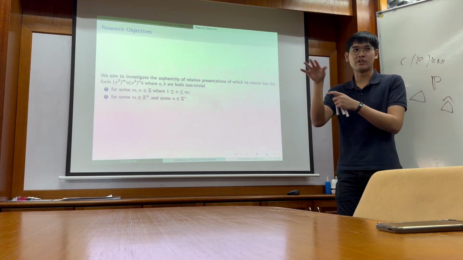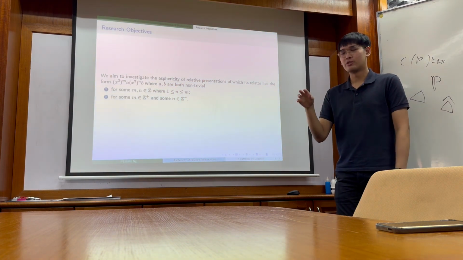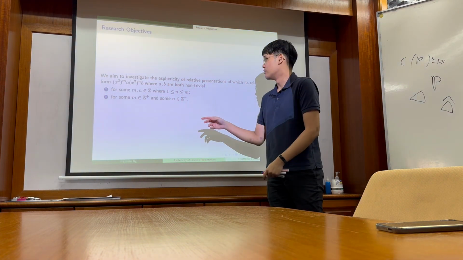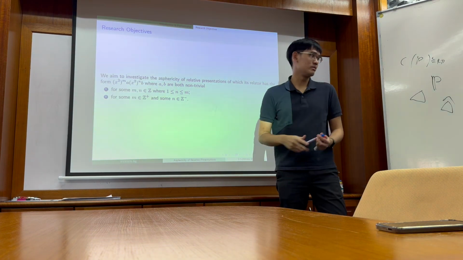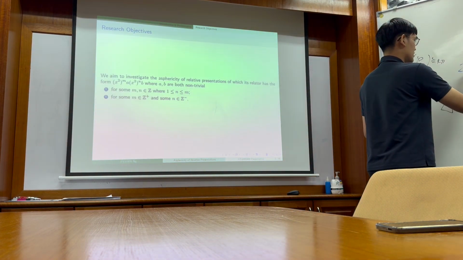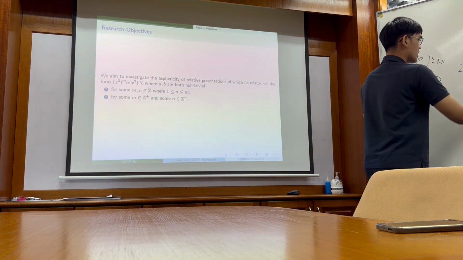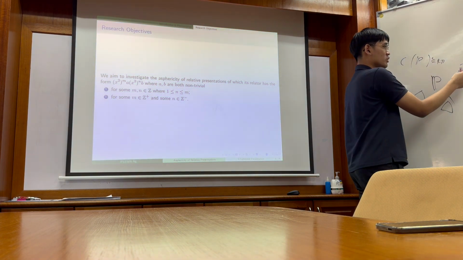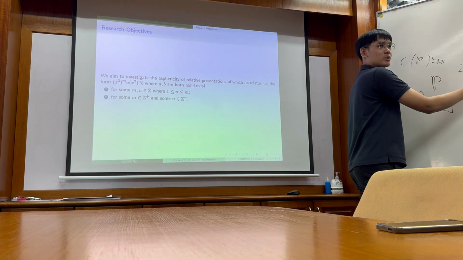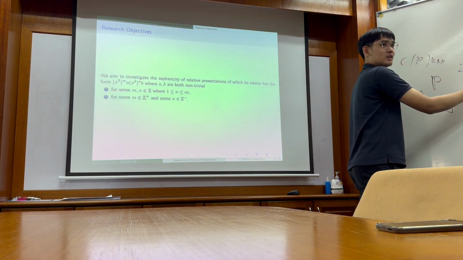We first consider the length of the relative presentation. So for length 4, we have 2n plus 2n equal to 4, so we can choose m equal to 1 and n equal to 1, and get length 4.